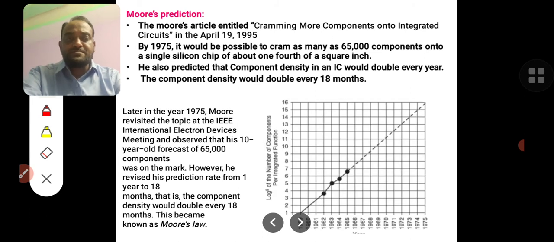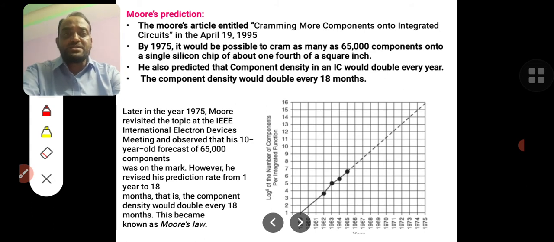Now, the scientist and technologist Gordon Moore predicted the advancements that electronic fabrication technology would make year by year, increasing the number of transistors that can be accommodated over a chip.